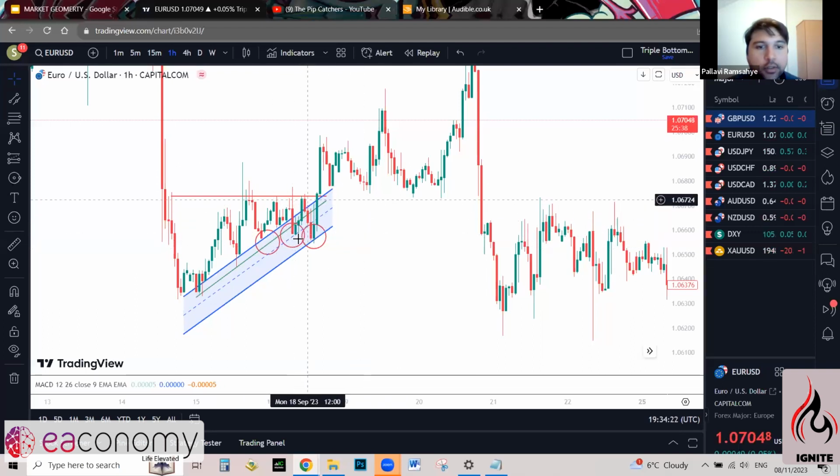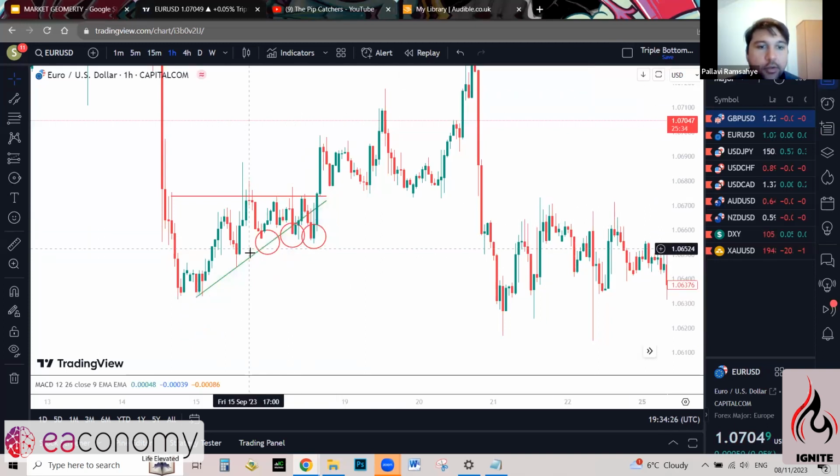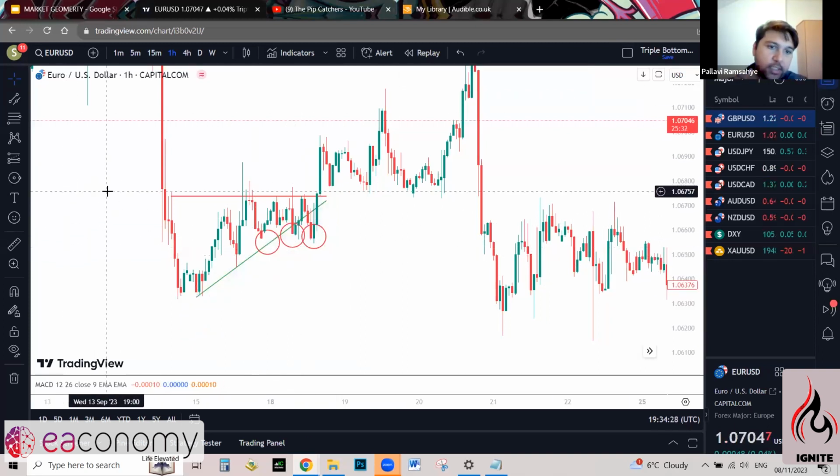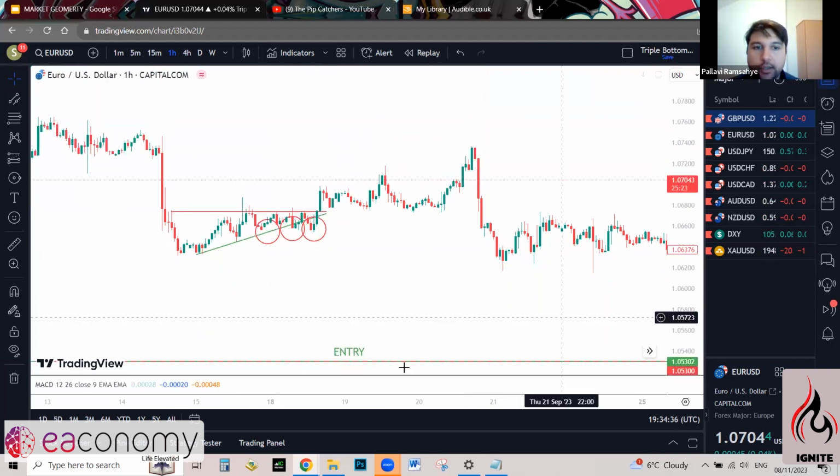Okay, so this wouldn't be valid. Even if it was a zone, it would not be valid, right? You can have some leeway in terms of the zone itself, but again, you have to stick to the validation points that make the pattern what it is.